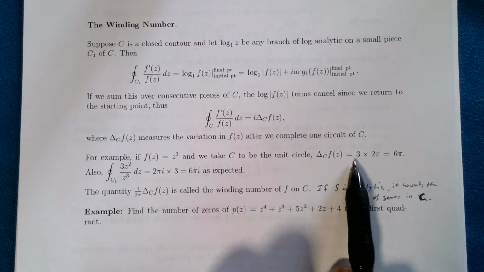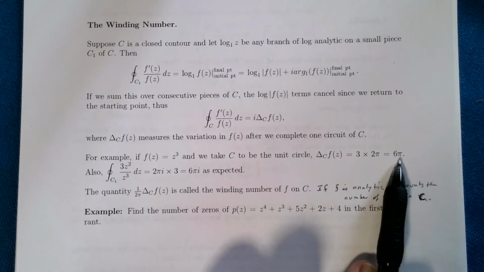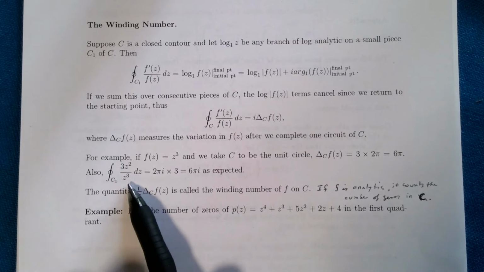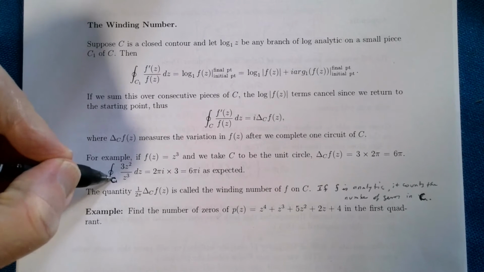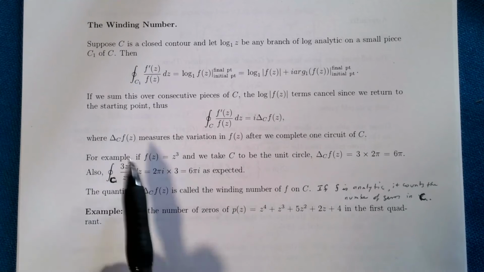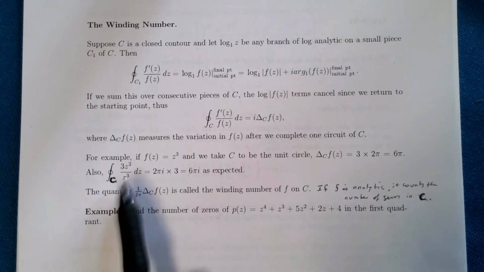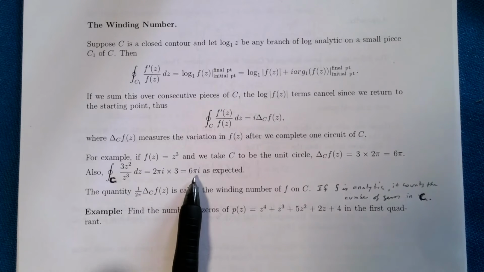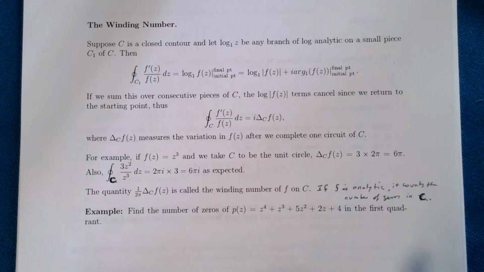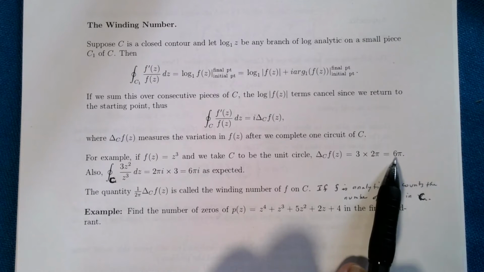So 3 times 2 pi is 6 pi, and so i times that should be the value of the integral of the logarithmic derivative. That's in fact around C, not C1. So if we take the logarithmic derivative of this around C, you just integrate it as usual, and you get 2 pi i times 3, which is 6 pi i, and that agrees, of course, with what we saw up here if we multiply that by i.